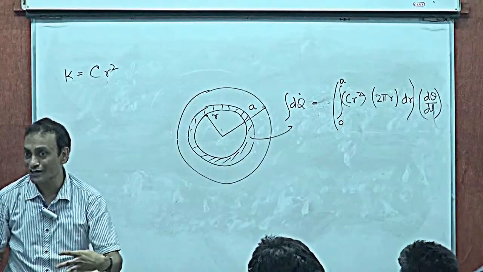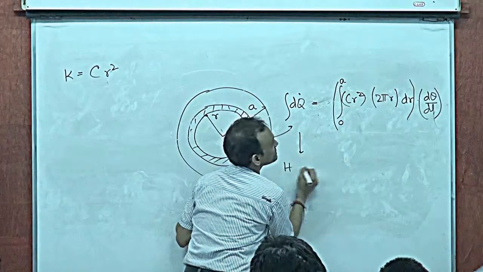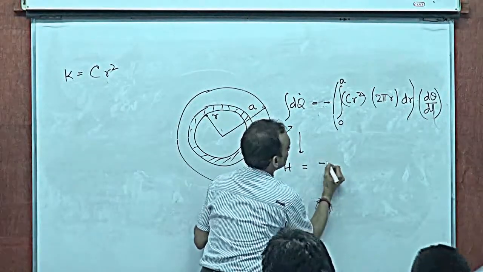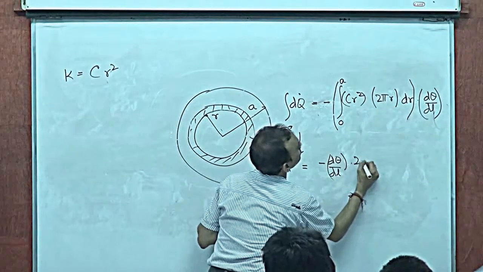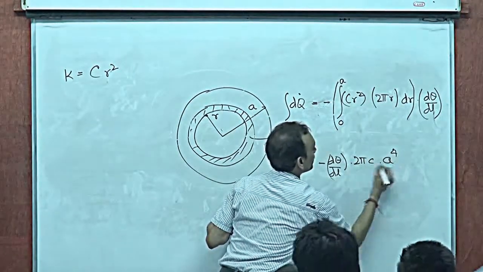Sum of all the dQ dots is H, that's it. So H is minus d theta dl into 2 pi C, this is r cube, so A power 4 by 4.